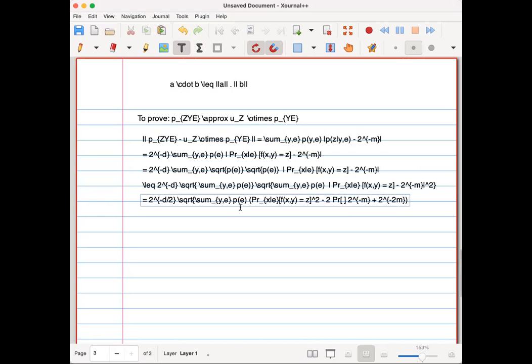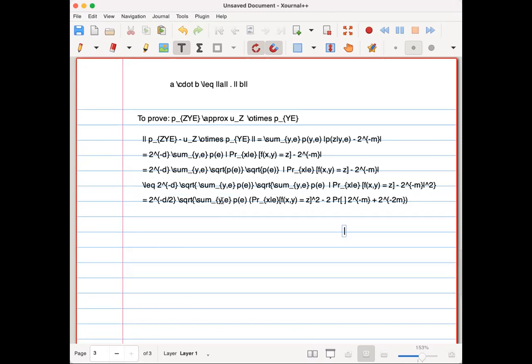Okay, so far so good, Hari? Yes. So this quantity I have to square out. Yeah, so I've squared it. So this quantity is the square of this. Great. So let's start simplifying it. Let's do the easy things first. So this is 2 to the minus 2m that comes out, and then sum over e.